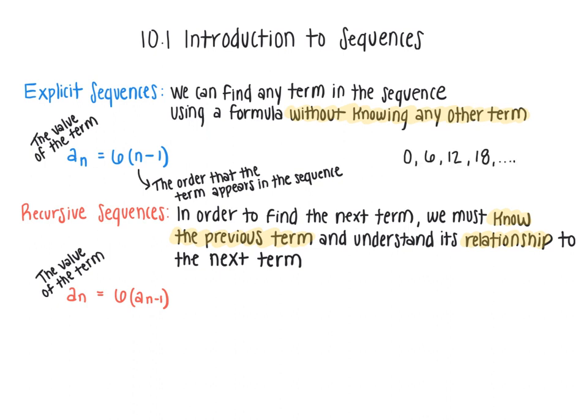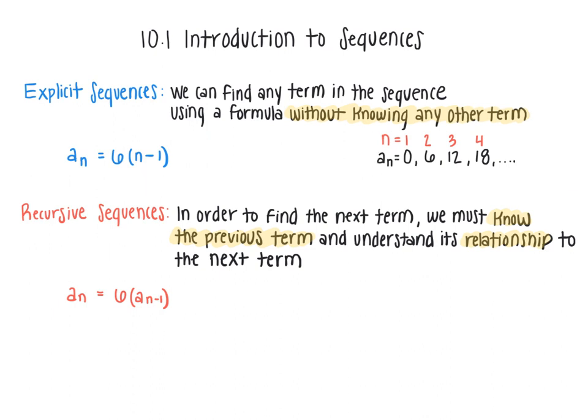So let's take this set of numbers for a minute. 0 appears first, 6 appears second, 12 appears third, and 18 appears fourth. So the numbers up top in red refer to the order in which each term appeared in the sequence, otherwise known as n. And the numbers in black refer to the value of that term, which is known as A sub n.